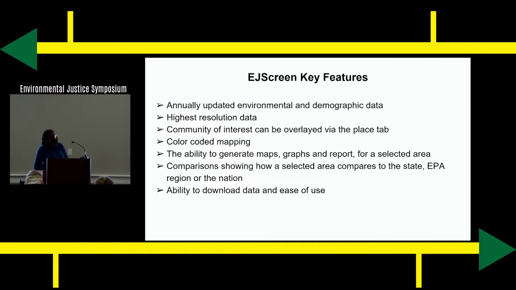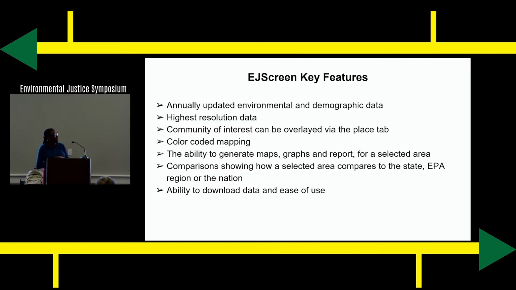Next. So what are the key features of this tool? Some of them: it is updated annually, with both the environmental and demographic data updated. Recently, they added a new demographic data, I'll get to that later. Then it's the highest resolution of data possible.